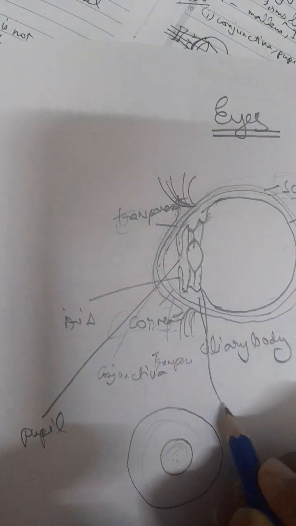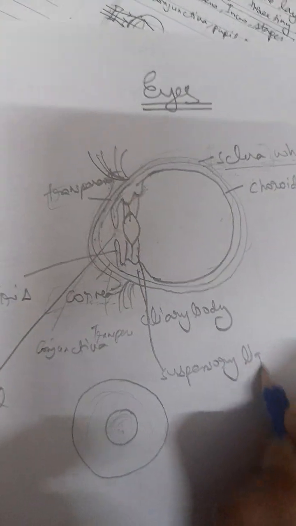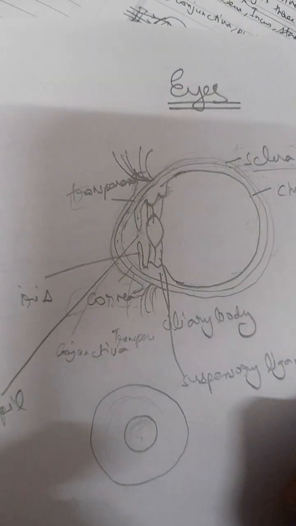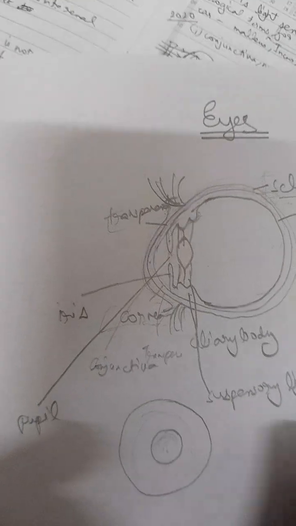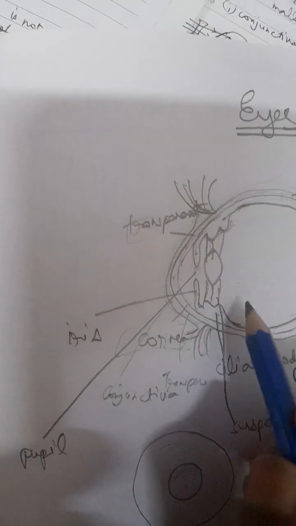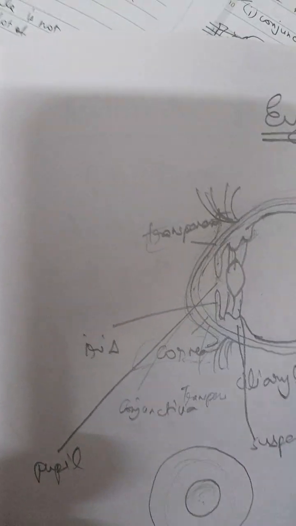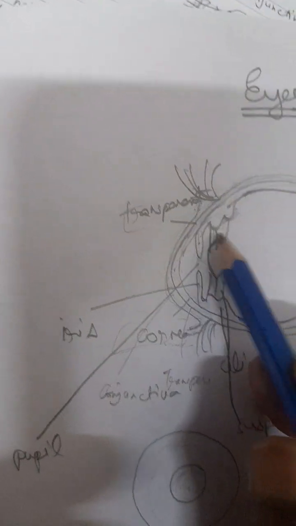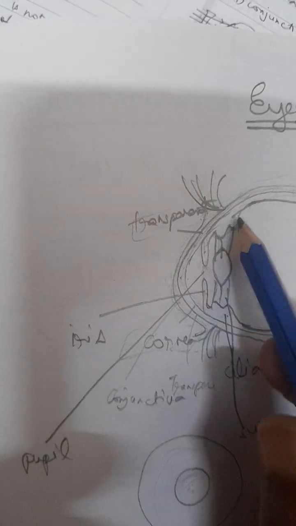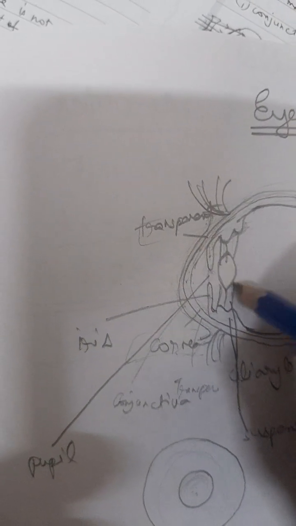These are suspensory ligaments. What is the main function of suspensory ligament? It holds the lens in position. And what is the main function of ciliary body? It is a continuation of the choroid layer, and from it arises a suspensory ligament which holds the lens in position, and with this ciliary body it can adjust the shape of the lens.